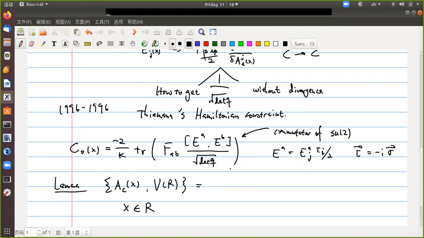There are some prefactors, minus kappa beta divided by 8, and there is a sign of the determinant of E. This formula depends on whether you use a right-handed or left-handed frame, because it relates to E, so it depends on whether E is right-handed or left-handed.